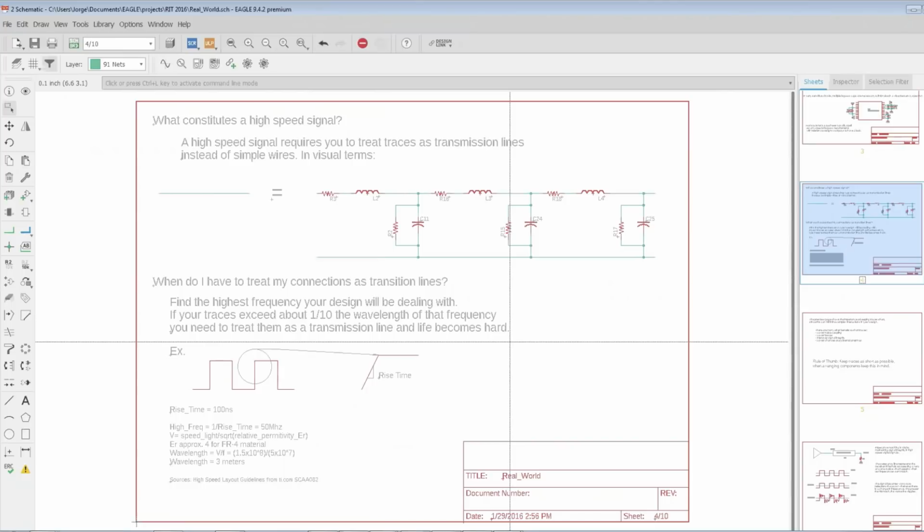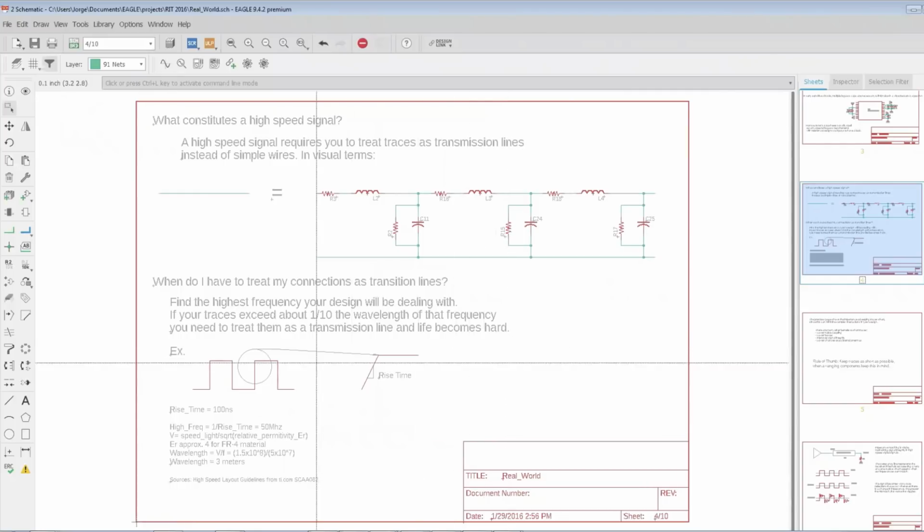One of the key things about dealing with a high-speed signal, and where signal integrity has a big role, is that in this regime your wires are no longer transparent to the signal. In other words, they can't be ignored and treated as a perfect conductor.